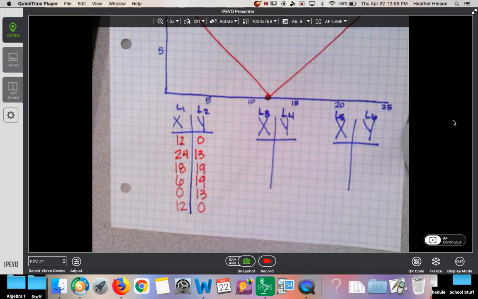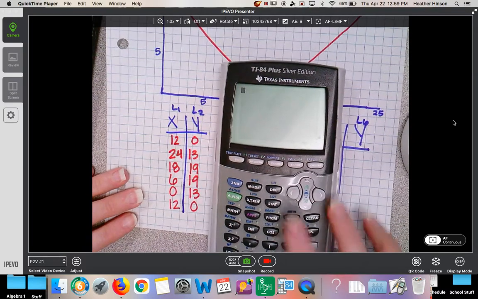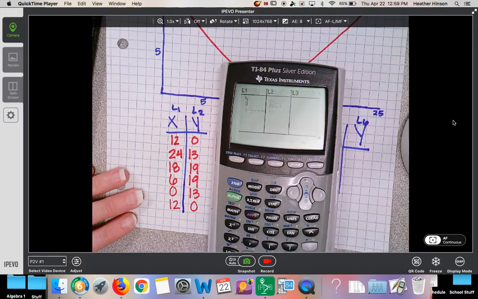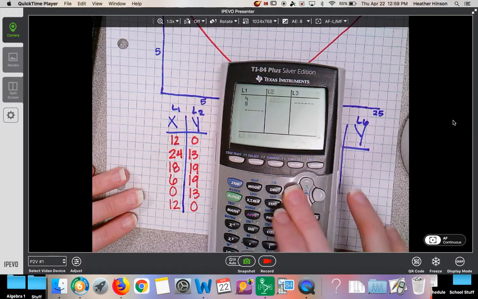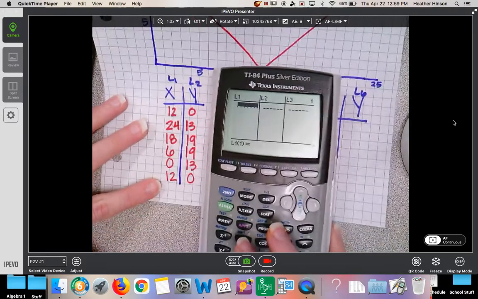And then how you're going to do this, one second, my calculator's not where I put it. How you're going to do this in your calculator is you're going to go to Stat, you're going to edit your table, clear out all this, and I'm going to put this in my tables.